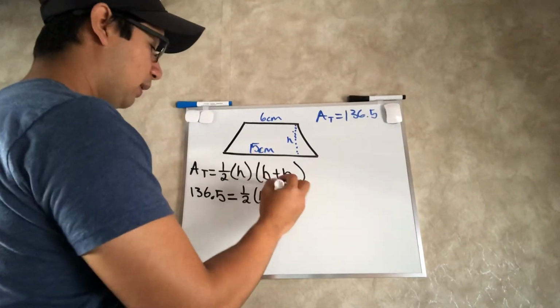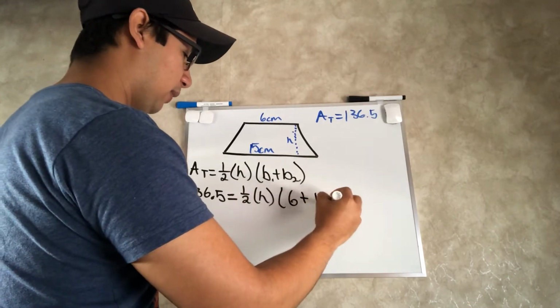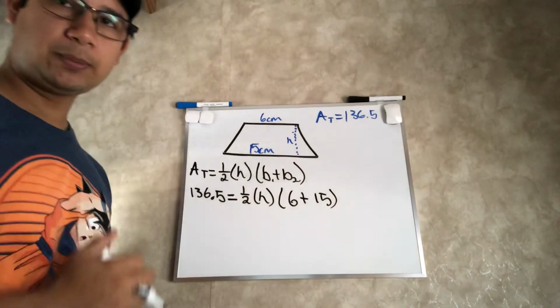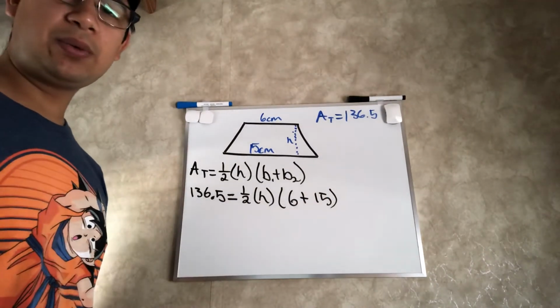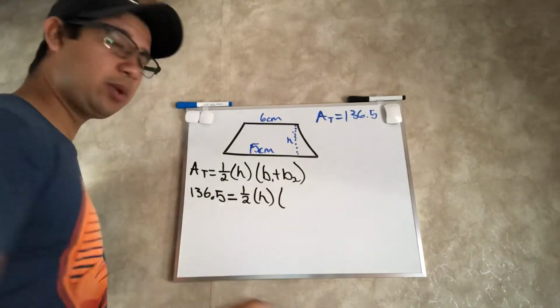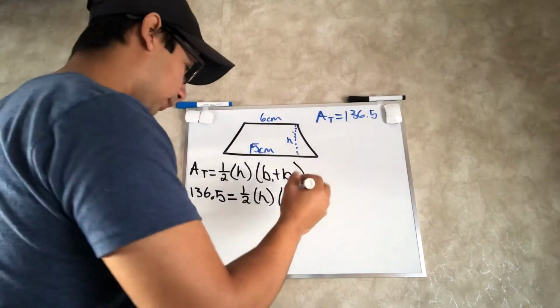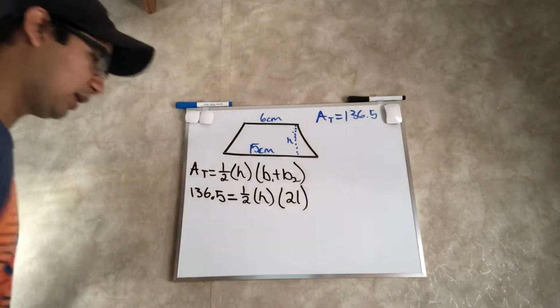So here we have 6 plus 15. Now 6 plus 15, that's going to be 21. So let me rewrite this and just put 21, simplify it out.